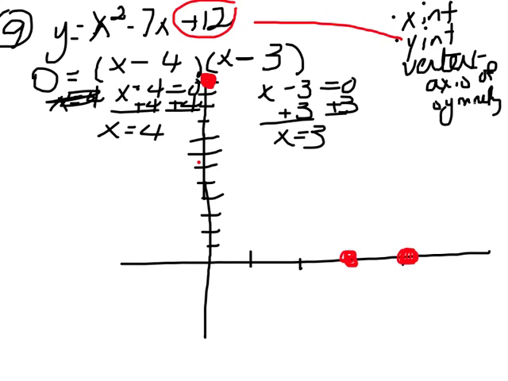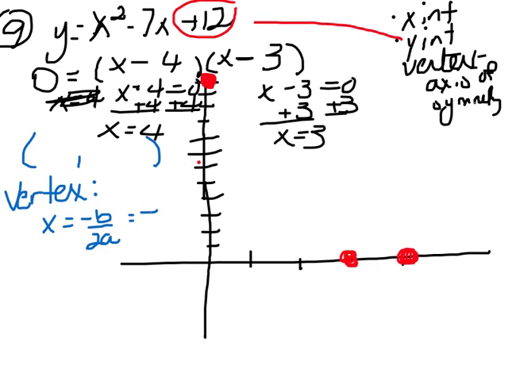I need to find my vertex. This thing's opening pretty quickly. Once I find my vertex, I can draw my line through the middle, and I can get a really good approximation of where this is going. To find the vertex, if you remember, I get the x-coordinate of the vertex by going x equals negative b over 2a.